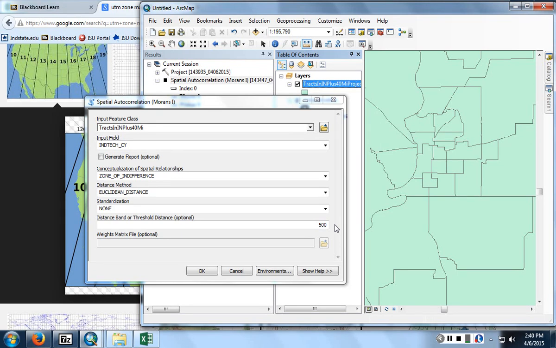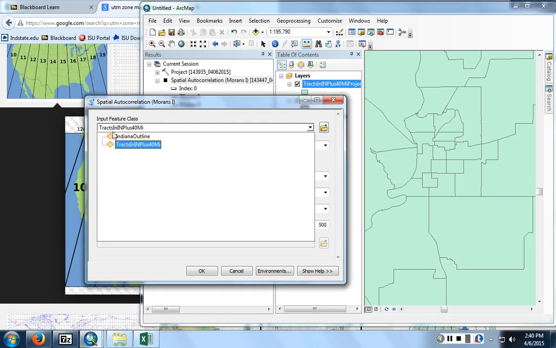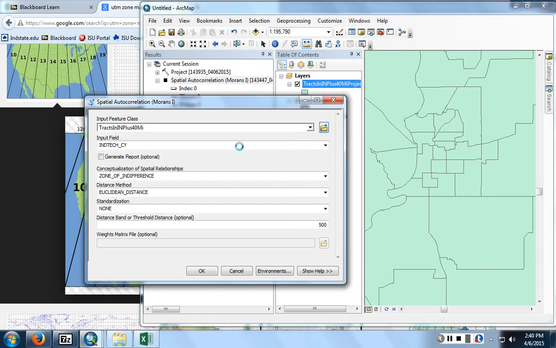So of course almost all of our census tracts were neighbors with each other. We had a 50 square degree box that everything was fitting inside. So when we say 500 now, it's going to be in meters, right? I want to add my projected data in here. Everything else is going to stay the same.